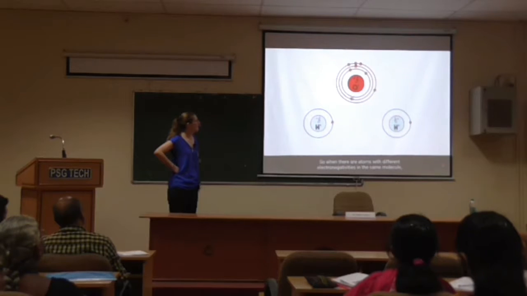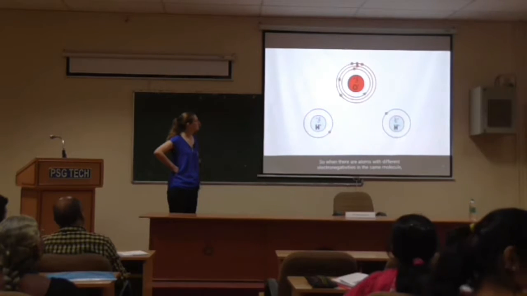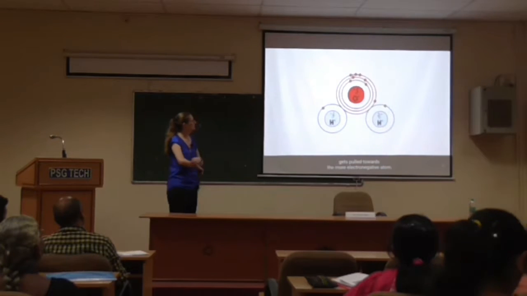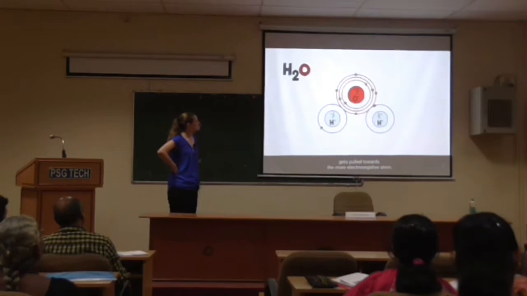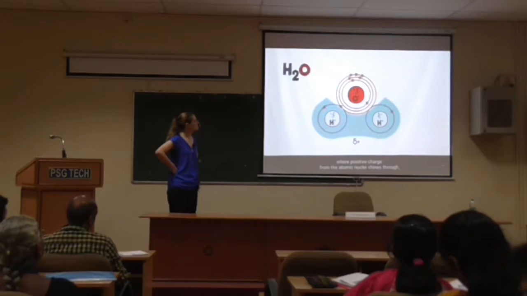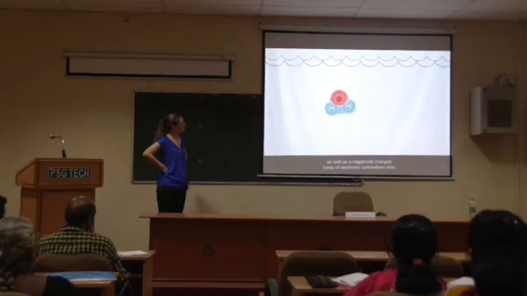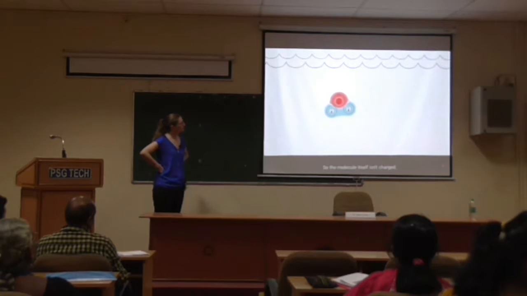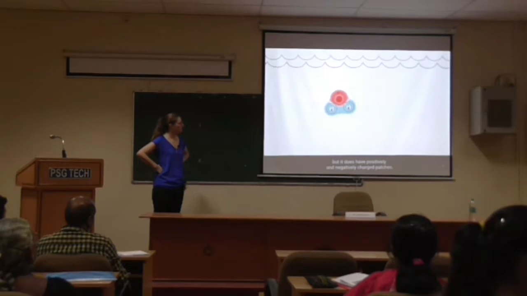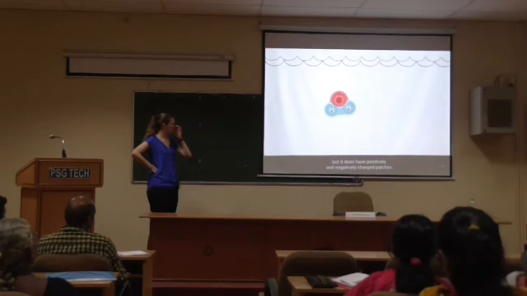So when there are atoms with different electronegativities in the same molecule, the molecule's cloud of electrons gets pulled towards the more electronegative atom. That creates a thin spot in the electron cloud where positive charge from the atomic nuclei shines through, as well as a negatively charged lump of electrons somewhere else. So the molecule itself isn't charged, but it does have positively and negatively charged patches.